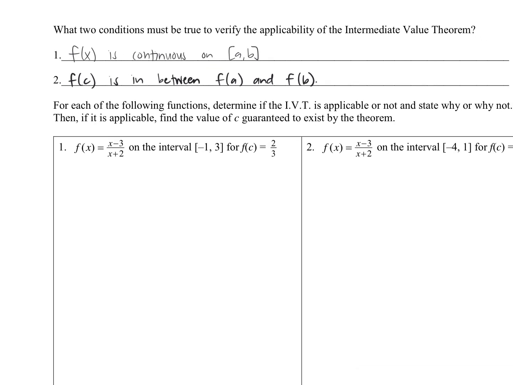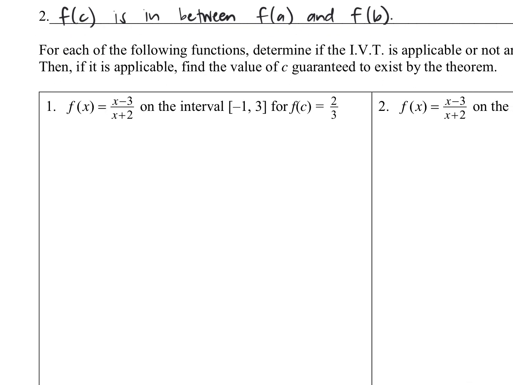So problem number 1 here. Okay, same thing. We're doing the exact same thing. Is this function continuous is what we have to check first. And then also, is f of c in between f of a and f of b? When is this function, better question, not continuous? At -2, right? So at x equals -2, f of x is discontinuous.